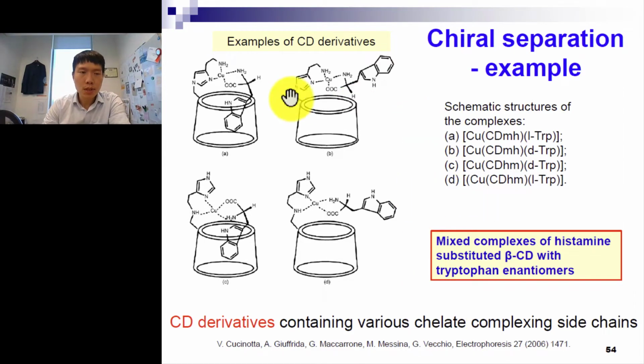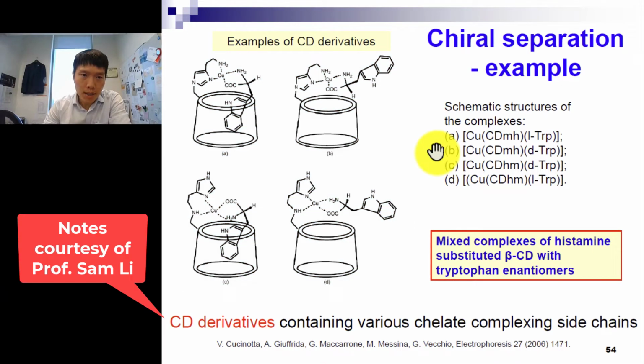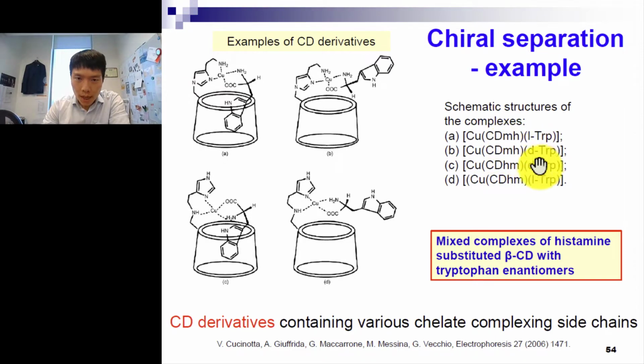Now in this case, we give some more complex example, complex pun intended, but complex in the structure, because now you see 2 or 3 arms, and putting a copper center there. You don't have to know what these are, but I just want to say that you can modify your cyclodextrin in a complex manner or even a simple manner to exhibit the difference in the R and S binding.